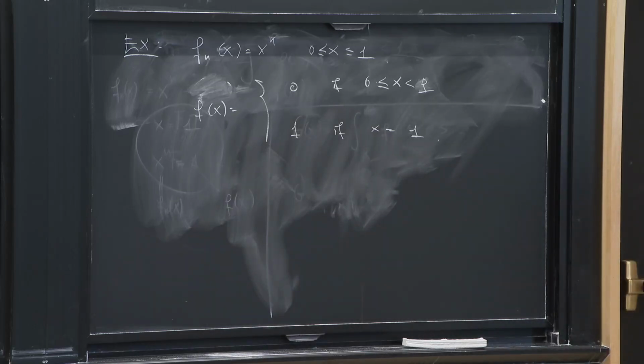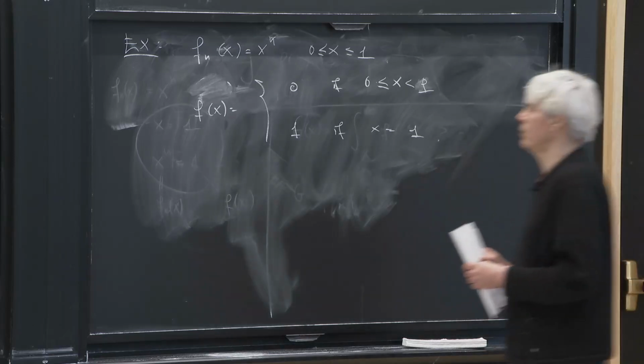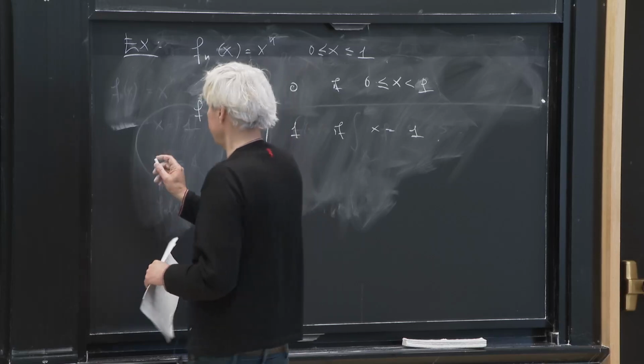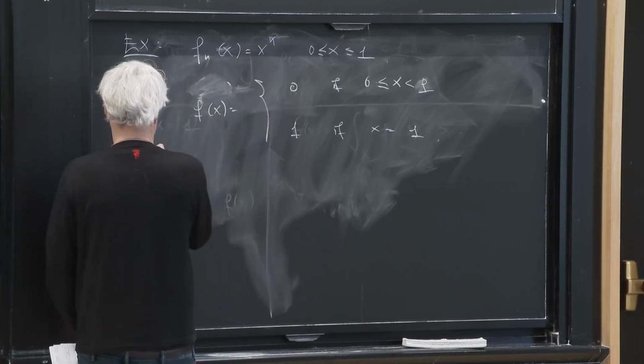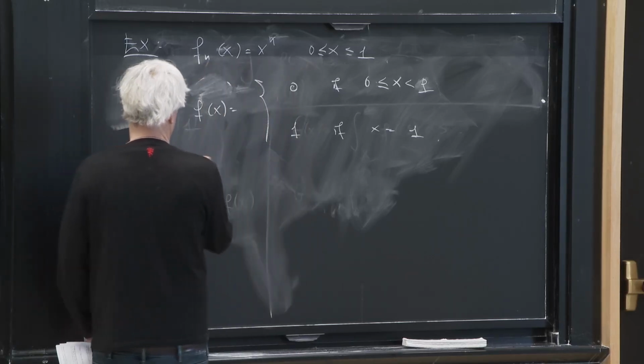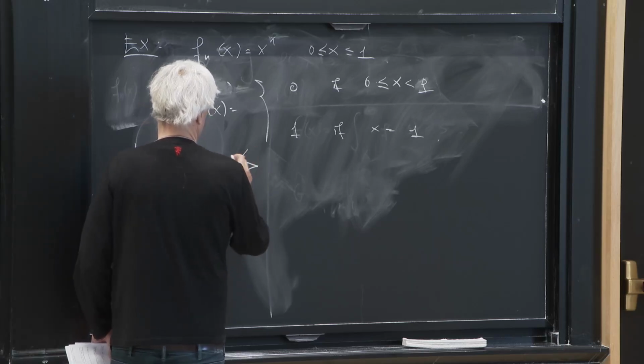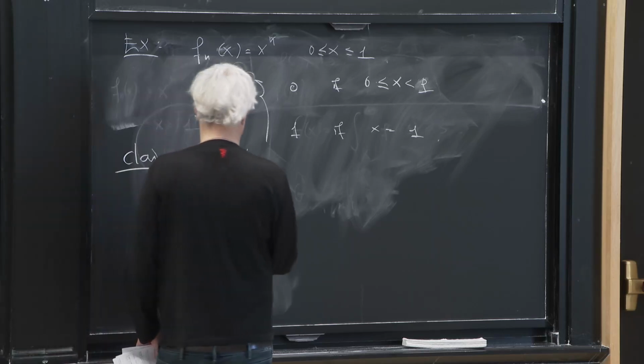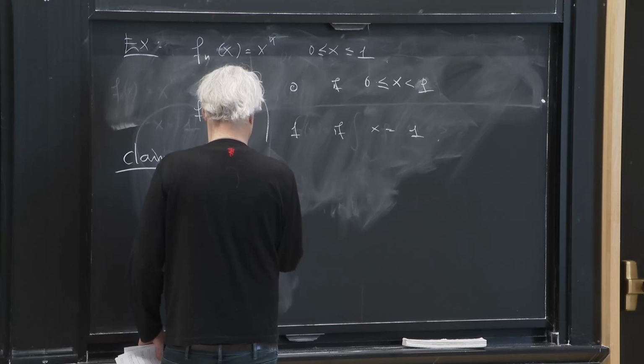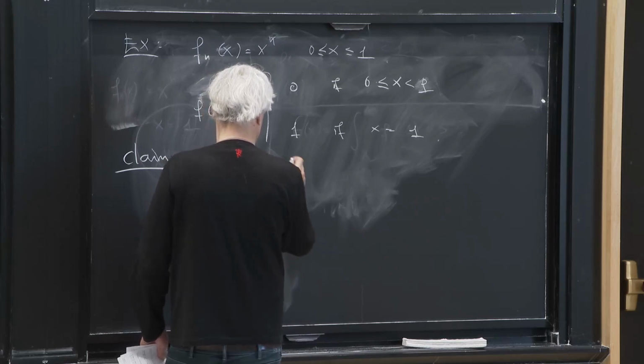We have already shown that fn converges to f pointwise, but I claim that fn does not converge uniformly to f.